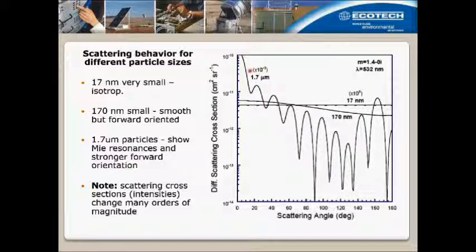Note also on the scale, the bigger particles scatter much more. It's suppressed by a factor of 10 to the power 3 to get it on the same scale. The 170 nanometer particle sets the scale here, and the small particles are a factor of 10 to the power 6 less. So that's basically how the scattering intensity works.